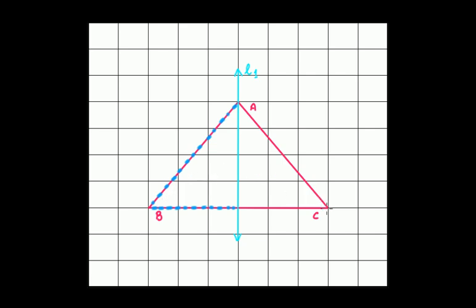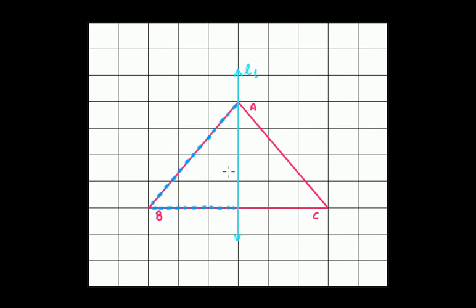Then this vertex will exactly overlap with vertex B, this line will exactly overlap with this one, and this divided line segment will exactly come on this one. All of this overlapping has been represented by these dotted lines.